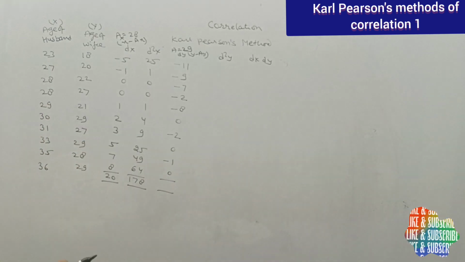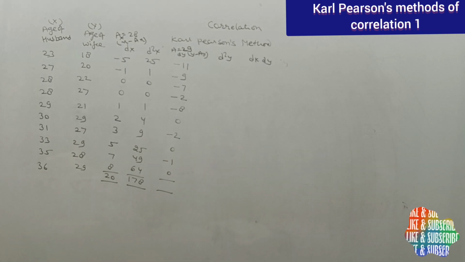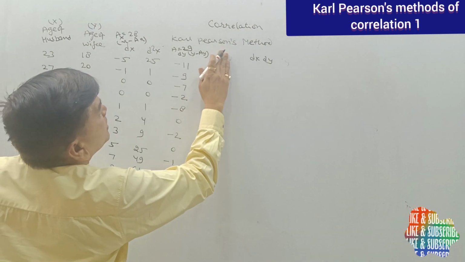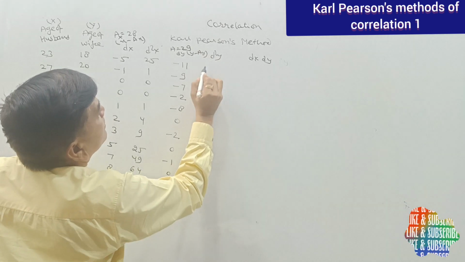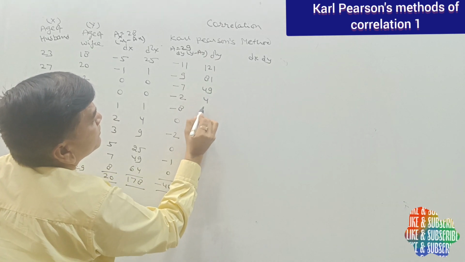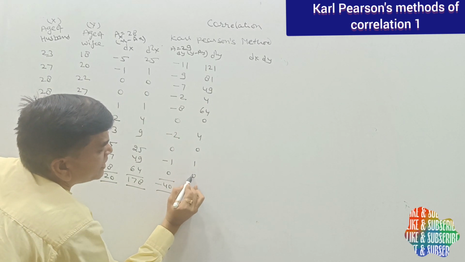So the sum of these values is minus 40. D square y: 121, 81, 49, 4, 64, 0, 4, 0, 1 and 0.